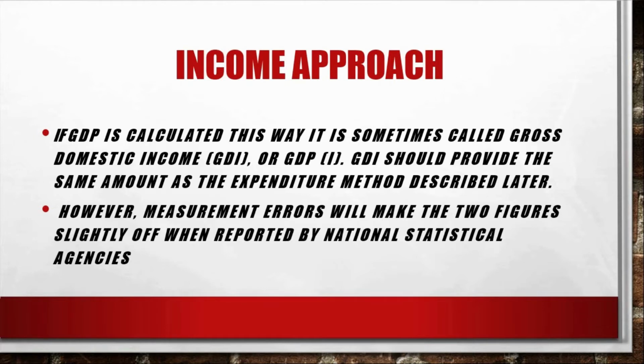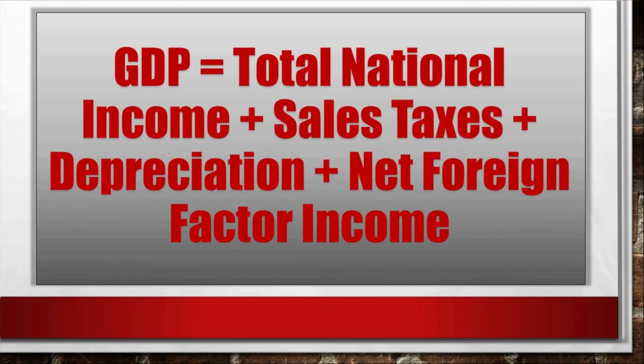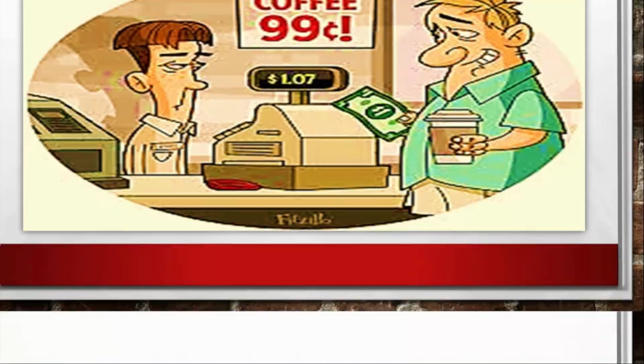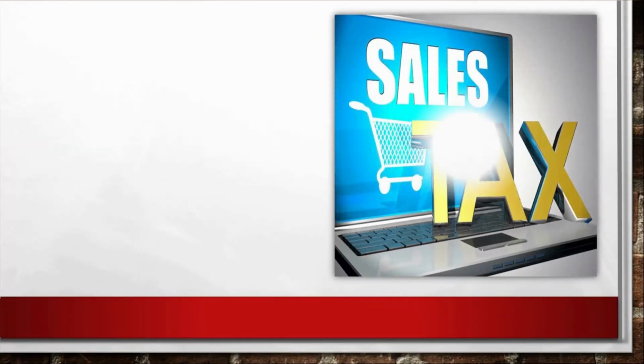This is reported by the National Statistical Agency, where GDP equals total national income plus sales tax plus depreciation plus net foreign factor income. Sales tax means the taxes that consumers pay to the government, which is government earning because of the sales of products.